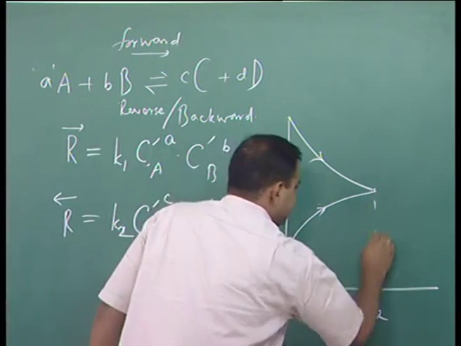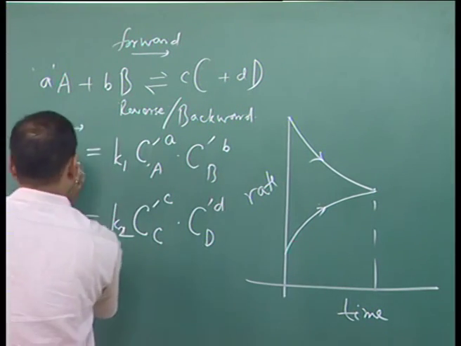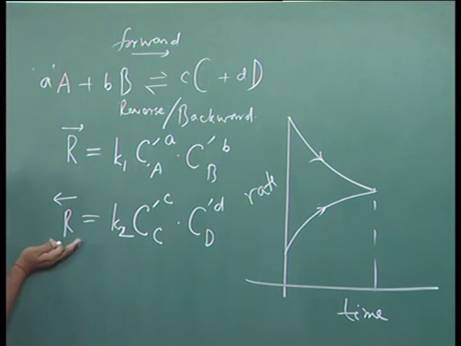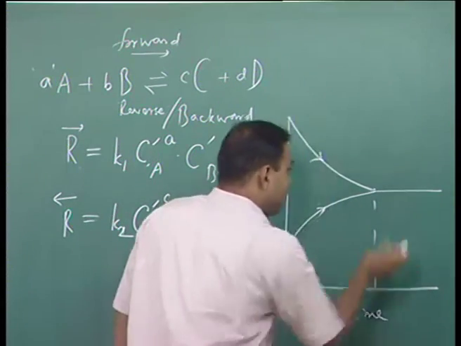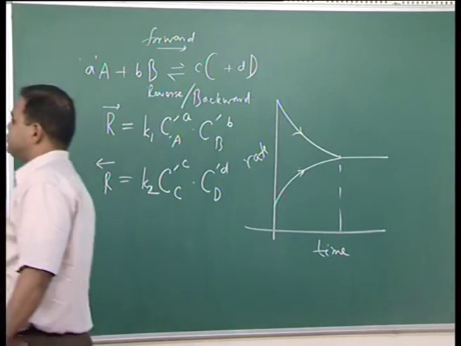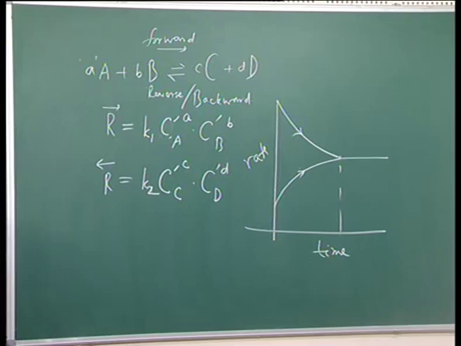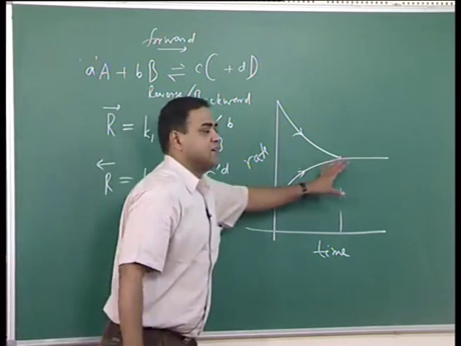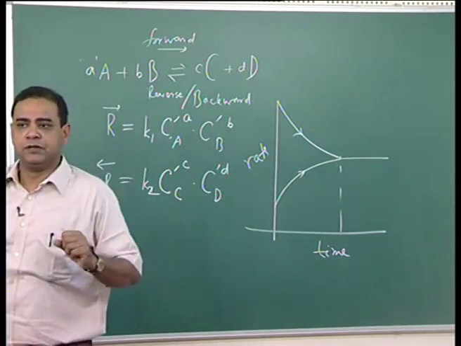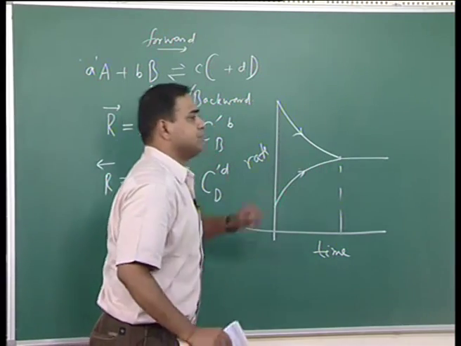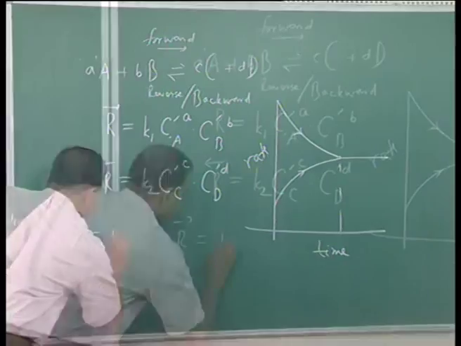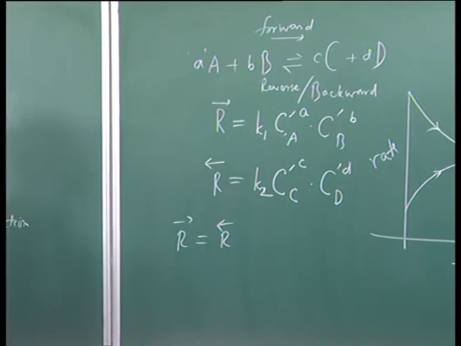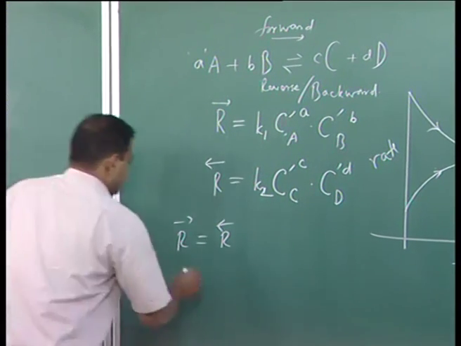Now after some time, the rate at which the forward reaction occurs and the rate at which the reverse direction reaction occurs would become equal. When these two rates become equal, we say that the system has reached dynamic equilibrium. When the system has reached dynamic equilibrium, that means rate forward equals rate backward, both are the same.